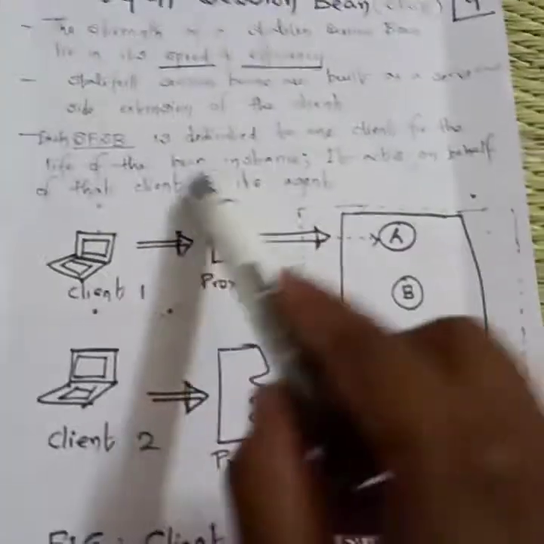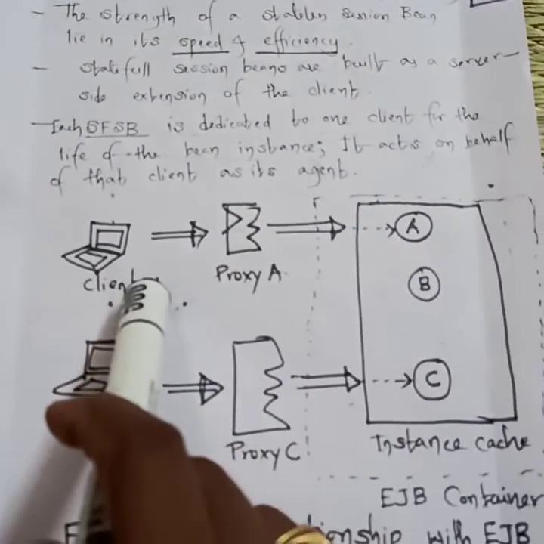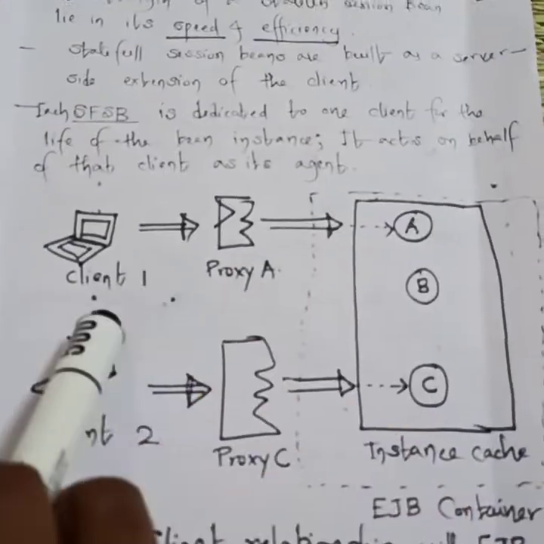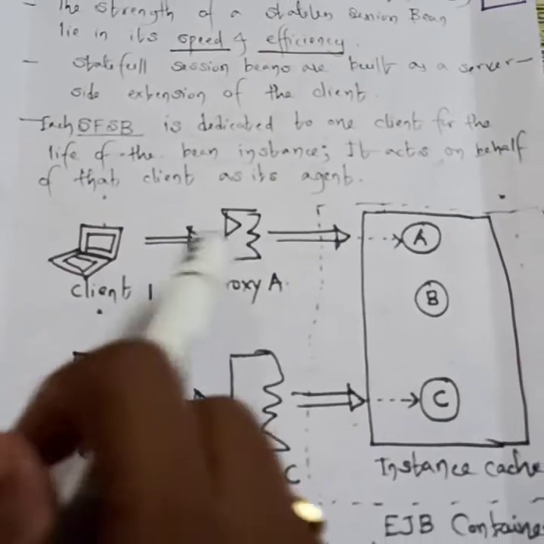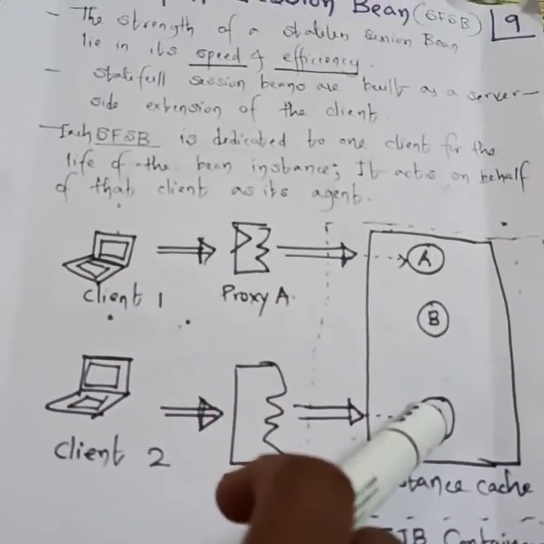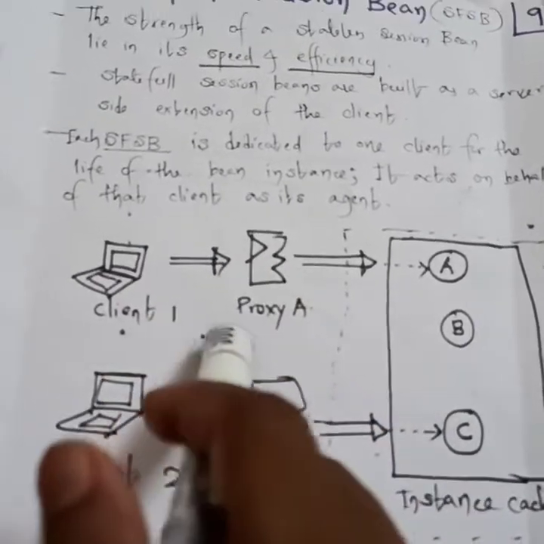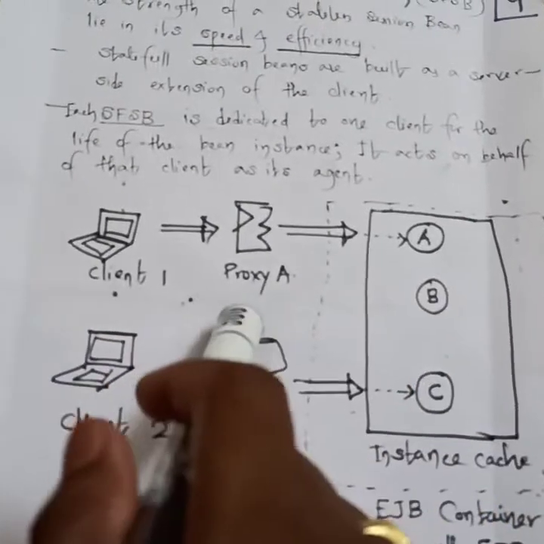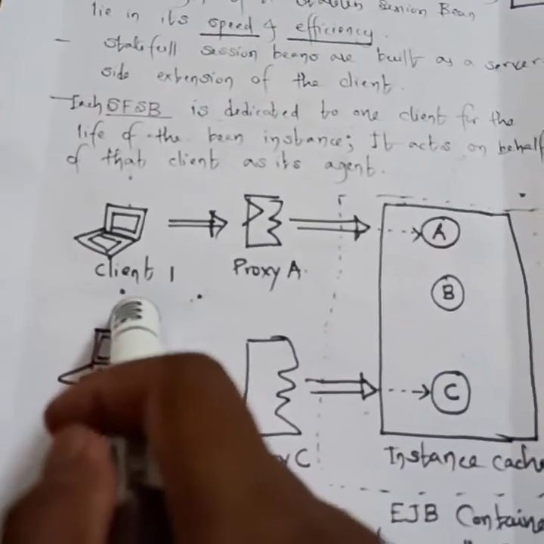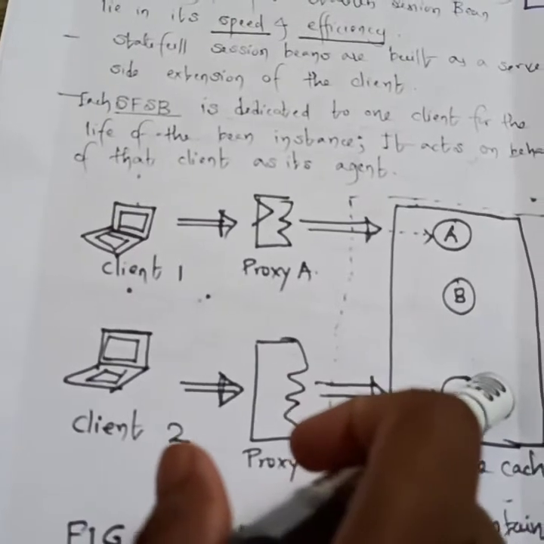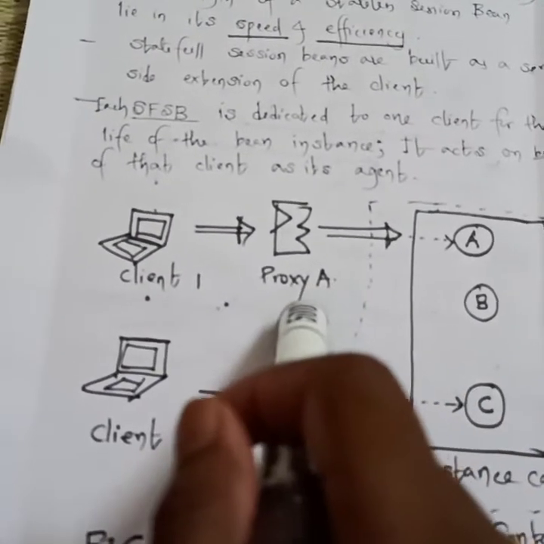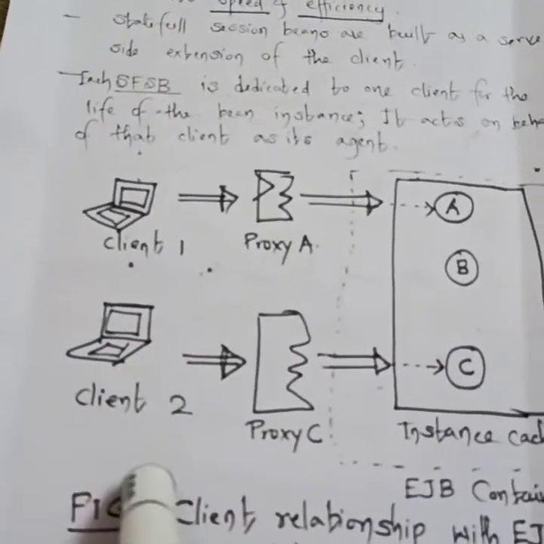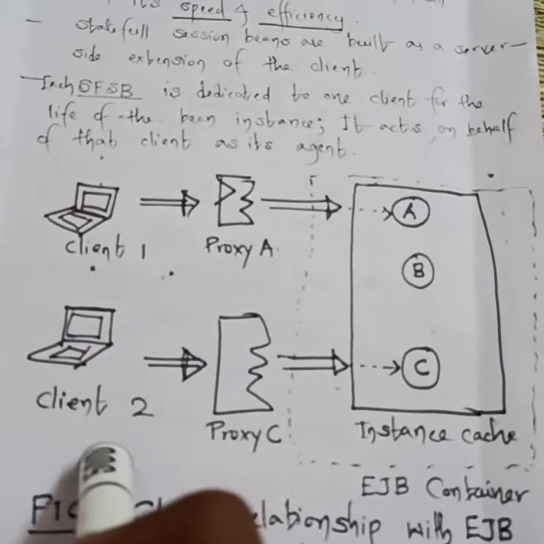Already we have discussed that when a client sends a query using a different browser across the world, the client thinks they are directly interacting with the EJB, but in reality there is a proxy EJB that behaves like the original EJB. So client 1 assumes it is directly interacting with the EJB, but actually it is interacting with proxy A. Here we have taken another client 2.